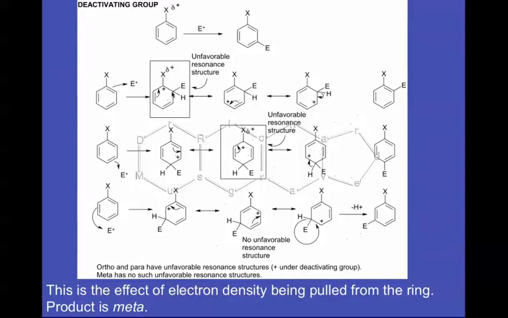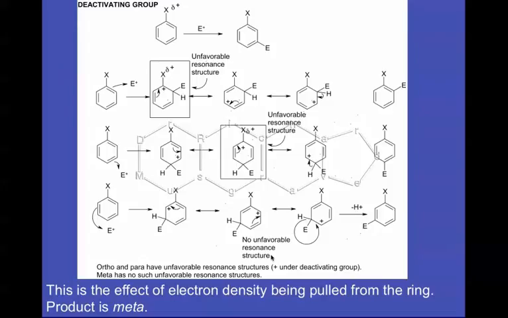Now since ortho and para end up giving unfavorable resonance structures, those won't occur when we have a deactivating group. Instead, what's going to happen is that we're going to get the meta product because no unfavorable resonance structure will occur in that instance.